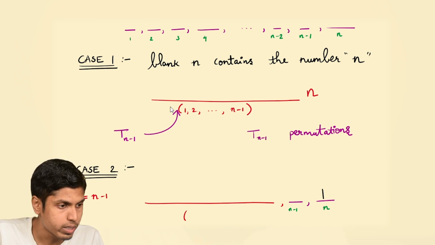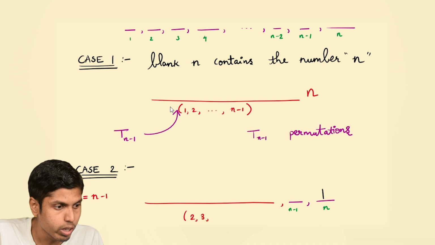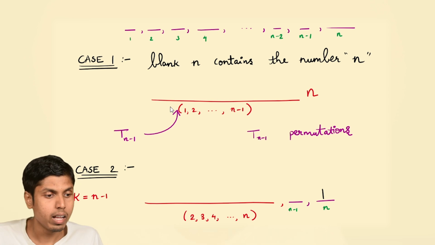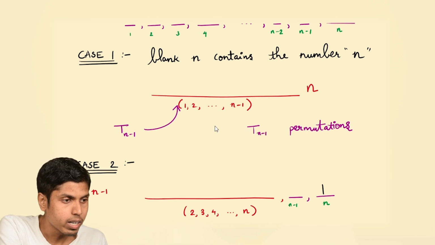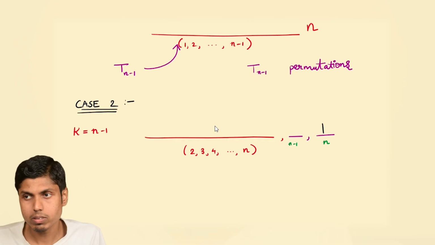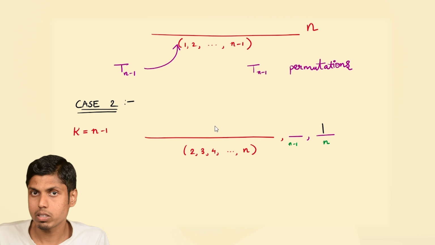We are interested in filling up 2, 3, 4 till n in the first n minus 1 blanks and 1 in the last blank. Now again we are going to represent this in terms of the preceding terms Tn minus 1, Tn minus 2 and so on.